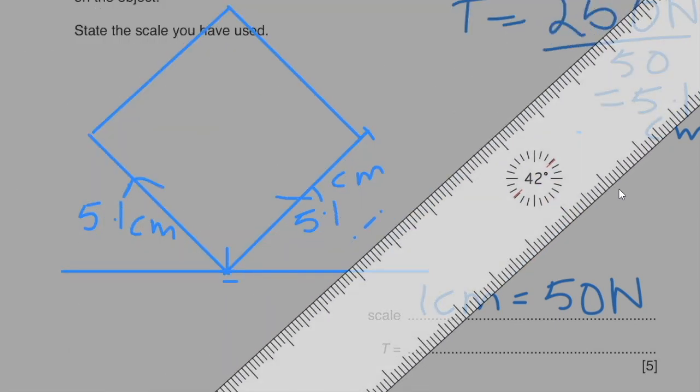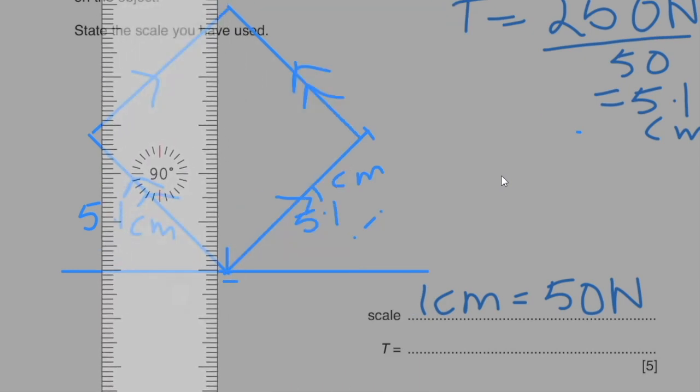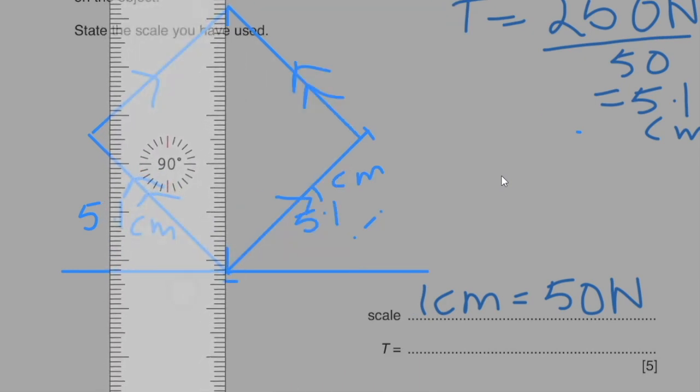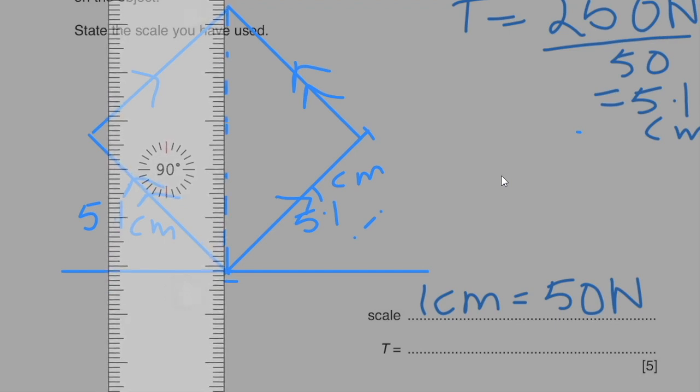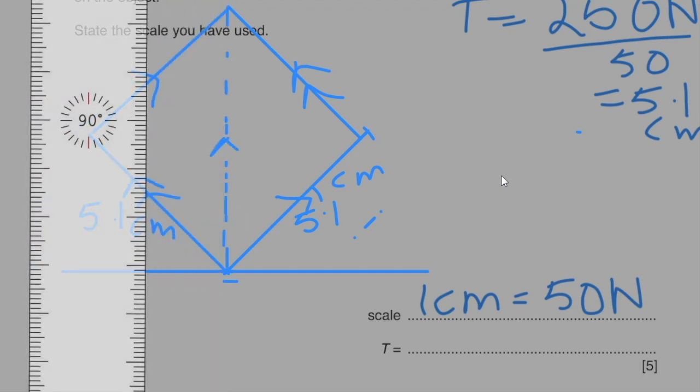So the lines here and here are supposed to be parallel, and similarly these two lines are supposed to be parallel. And once you measure this line, this should be equal to 360 newtons. And of course, this is not going to be 360 centimeters or anything.